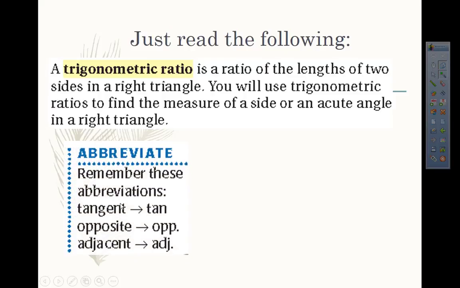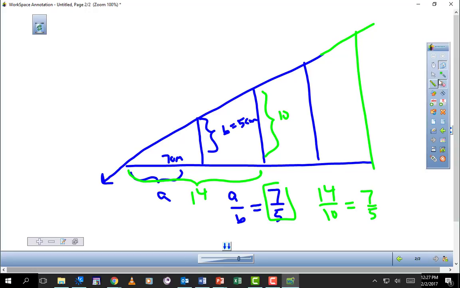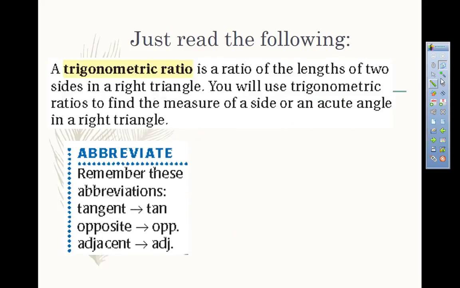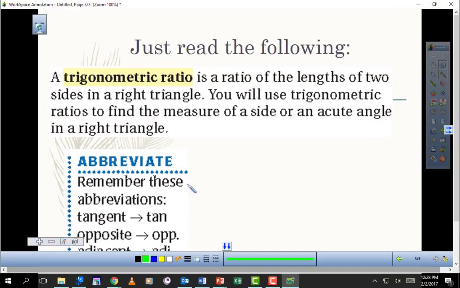Okay, so we will be abbreviating. Like I said, opposite, adjacent. We'll also have the hypotenuse in there. And when we start talking about our trig functions, we'll start abbreviating them also. We have 3 trig functions.